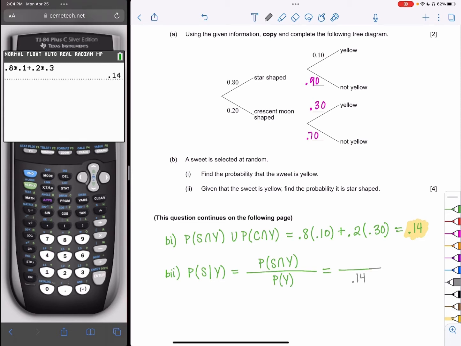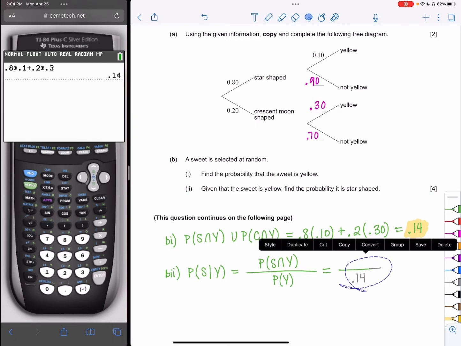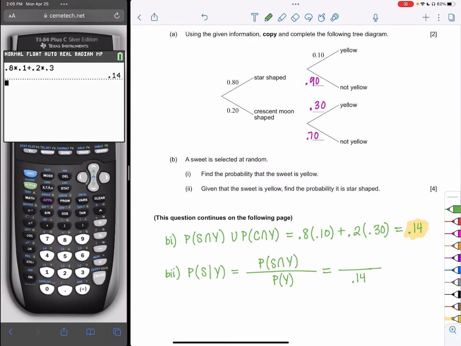And then if we look here, we are going to look at the top, which means that we want to find the intersection, the probability of when it's star-shaped and yellow. So that's going to be 0.8 times 0.1.